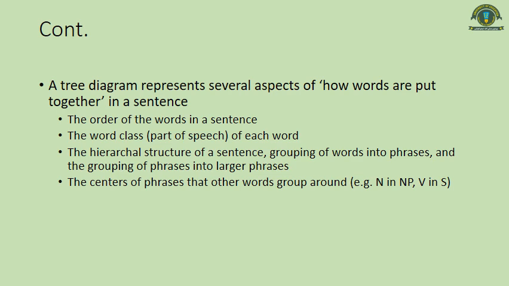A tree diagram represents several aspects of how words are put together in a sentence. As we have discussed earlier, these are the order of words in a sentence, the word class of each word, the hierarchical structure of a sentence, and the grouping of words into phrases and of phrases into larger phrases as well.